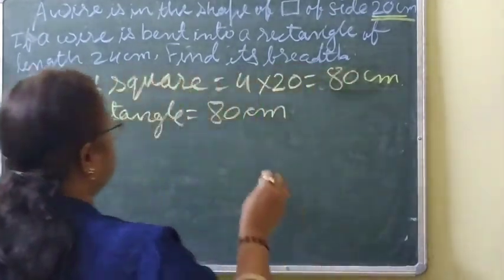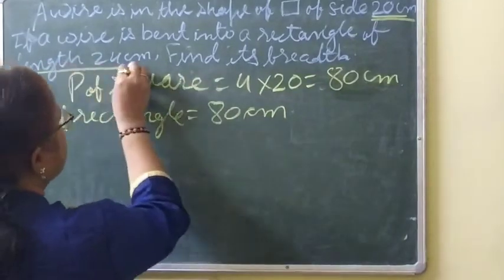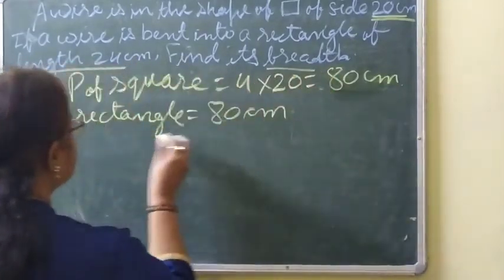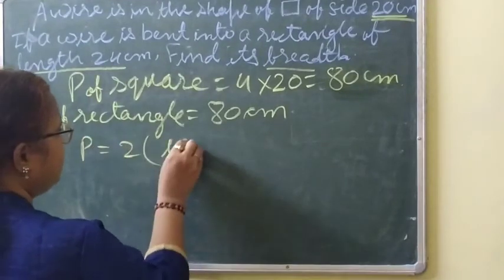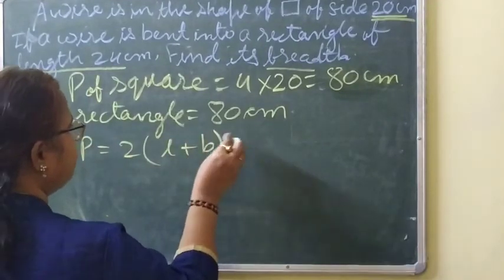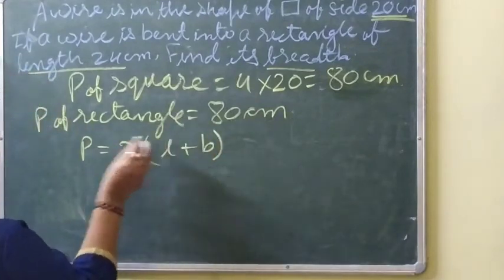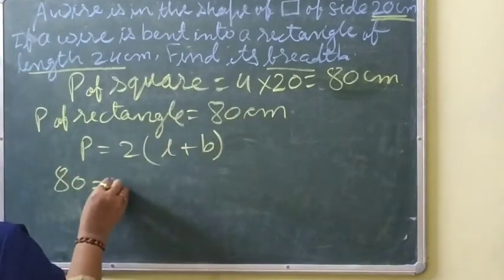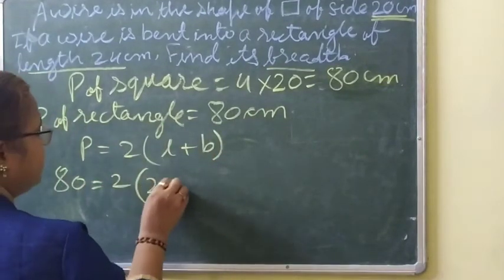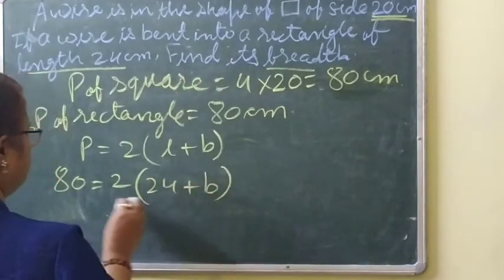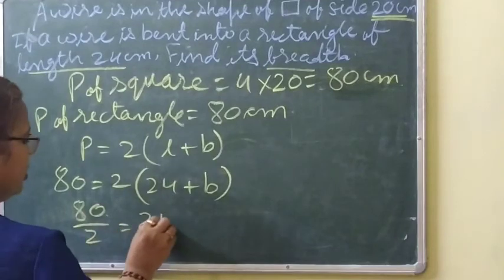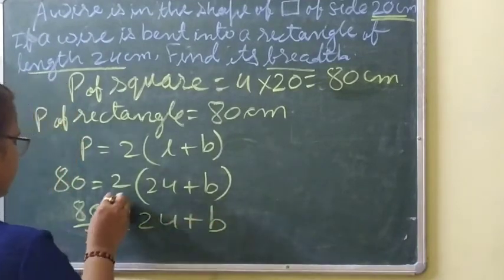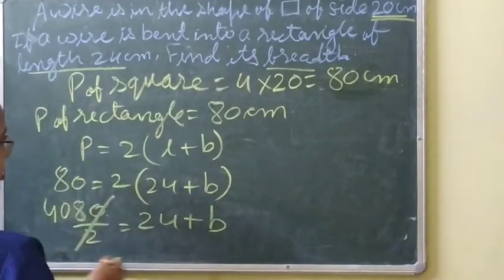Okay. Now, here length is given and breadth is asked. So perimeter is equal to 2 into L plus B. The perimeter is given here, 80. So 80 is equal to 2 into L plus B. L is given, 24. Breadth is asked. So we can write 80 by 2 is equal to 24 plus B. 40.